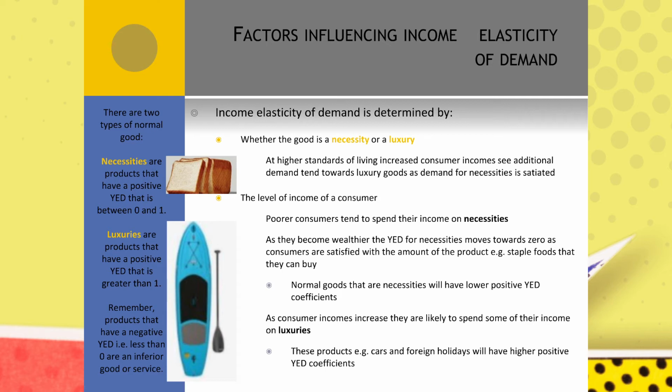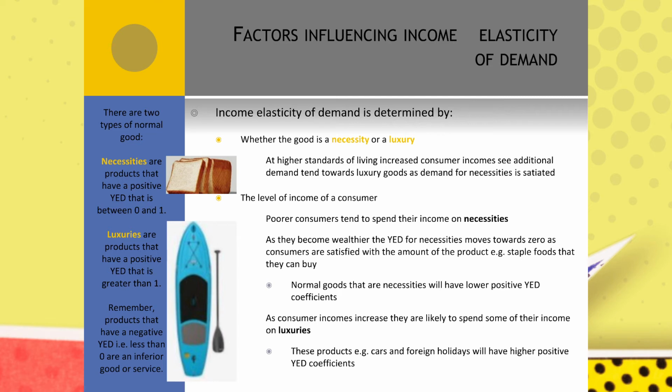So necessities have a YED that is between 0 and 1. And luxuries have a positive YED that is greater than 1. But remember, products that have a negative YED, i.e. less than 0, are an inferior good or service. So the lower the level of income, so poorer consumers, they will tend to spend their money on necessities.